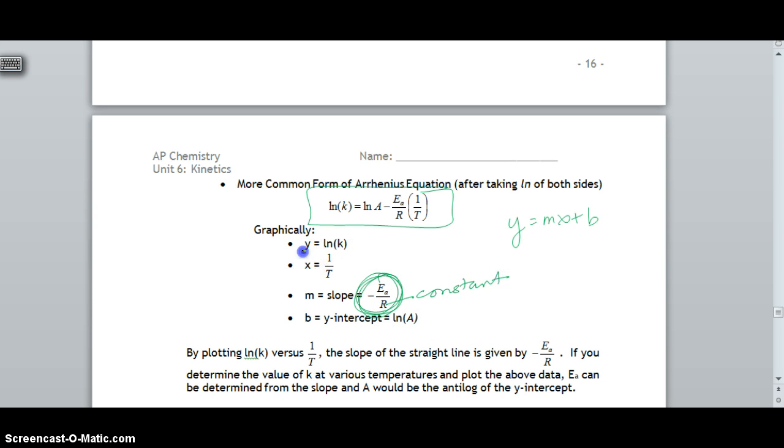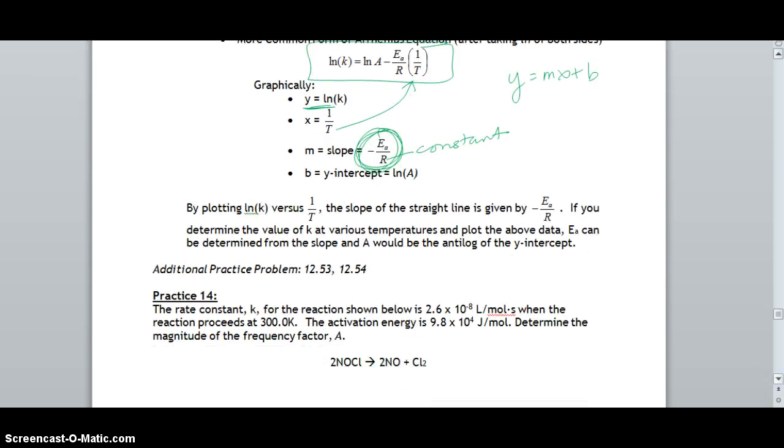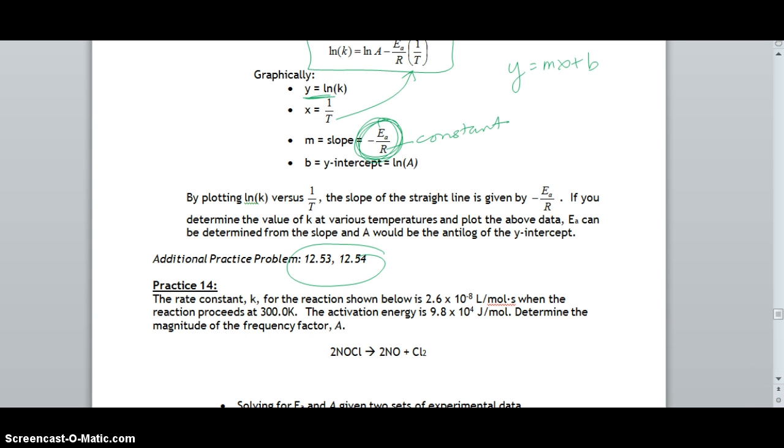So if you plot the natural log of your rate constant versus 1 over temperature, so that's your x, then you can get the slope of the line, and that will help you get your activation energy. So that's what we'll do in these problems when you come back to class, and we'll practice those together. So make sure you understand the different parts of the equation, and then we'll pick up from there and do some practice.